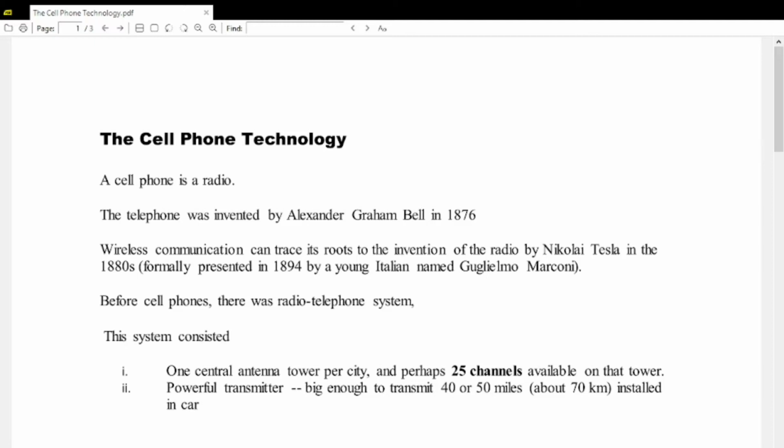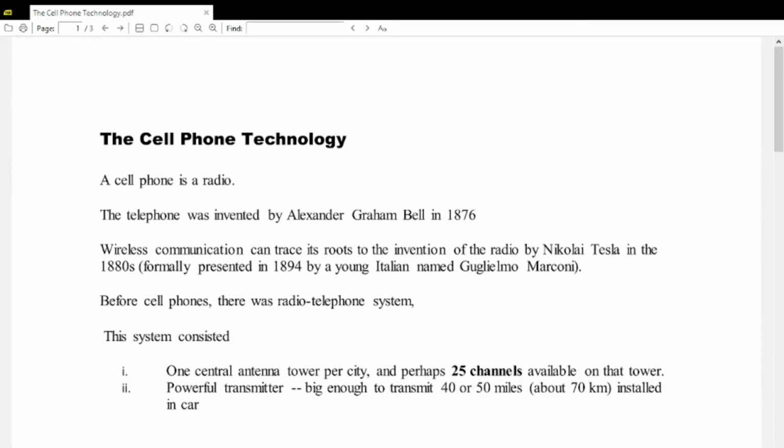I just want to give you a brief history of all this. Now, we all know that a phone is simply a radio. That is a fact. It is simply a radio that is a bit complex.